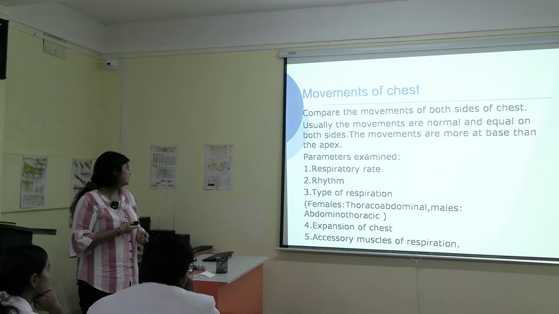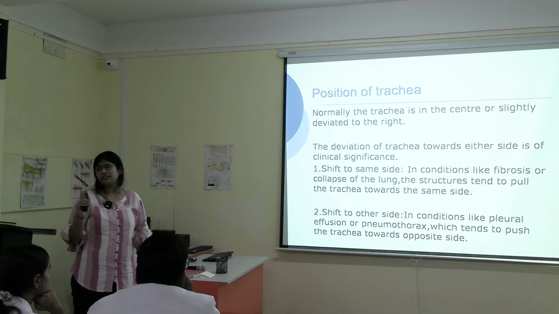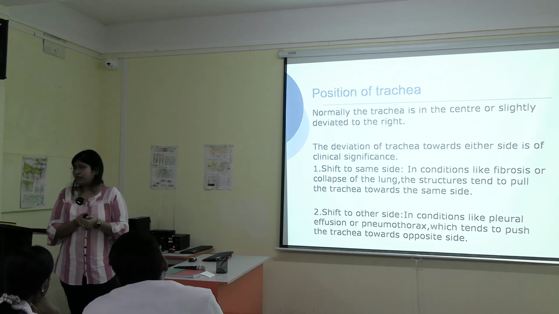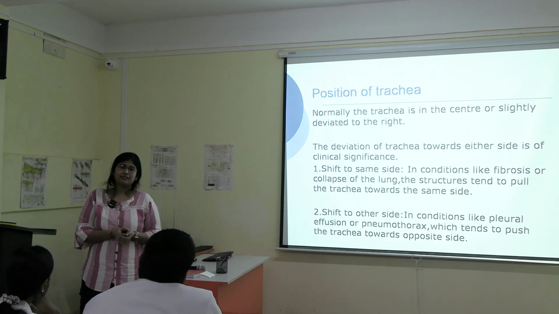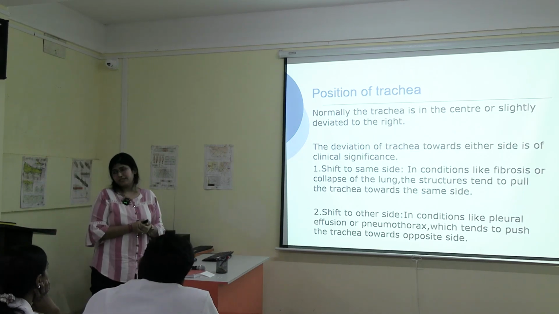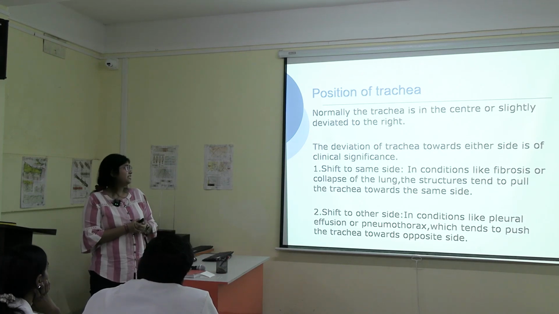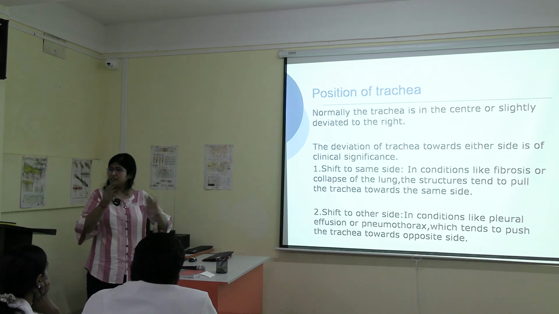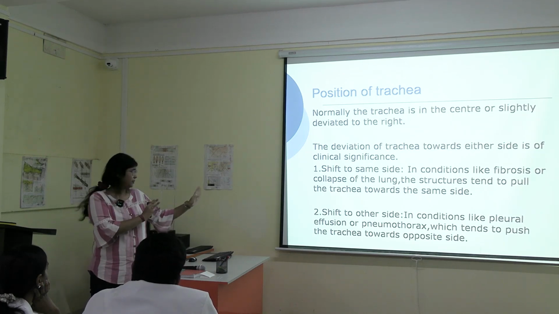Next, we have seen movement of chest wall. So first we saw shape and size, then we saw movement of chest wall. Now we come to trachea. Trachea is very important. Now how to locate the trachea? Palpation, we'll show you in palpation, okay?